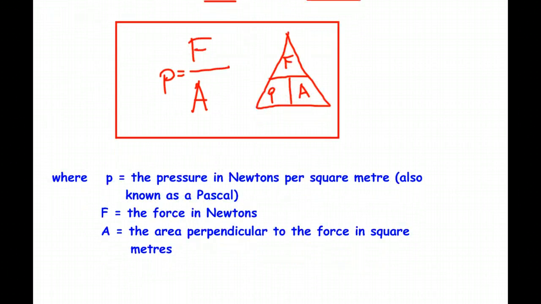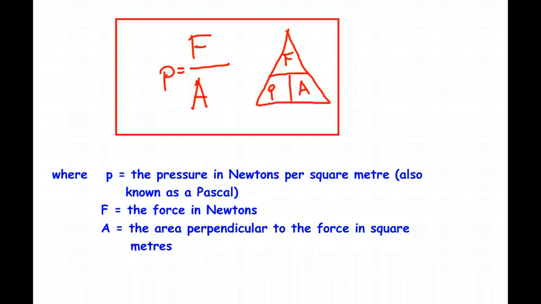And so if we're calculating pressure, in newtons per square meter, so remember we're taking force in newtons divided by area in meters squared, our final unit for pressure is newtons per square meter.